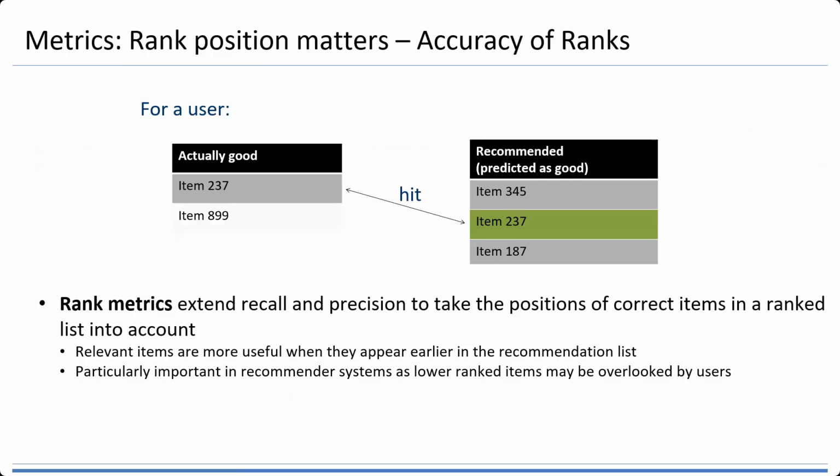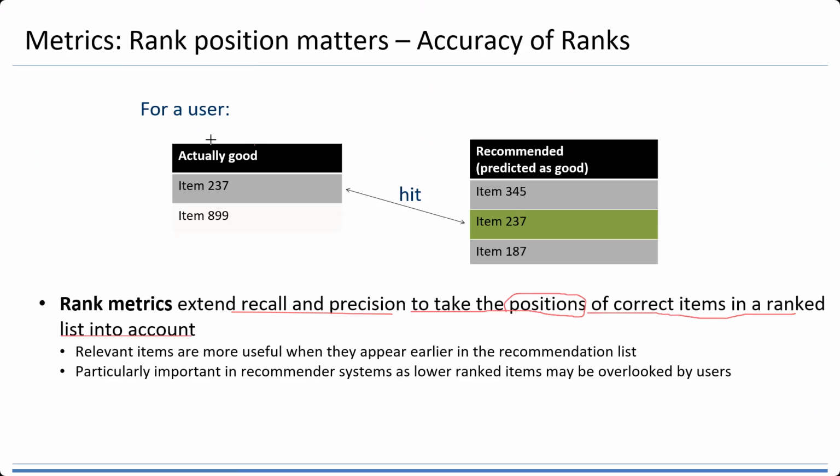Now we look at the other kind of metric. We call this the accuracy of rank, or the rank metric. It extends precision and recall, and we want to check whether the position of correct items in a ranked list is taken into account.